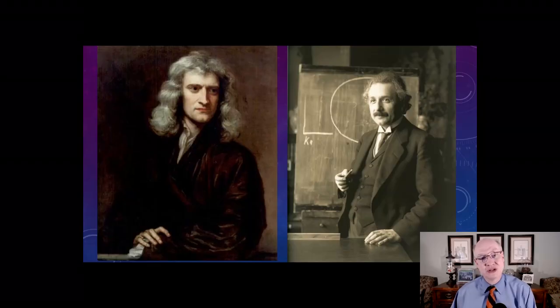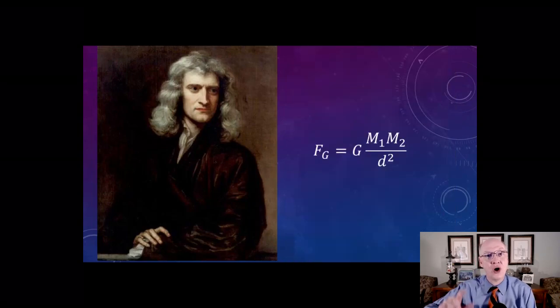So for example, in astronomy, the general theory of relativity has to be used around massive, compact objects like black holes or neutron stars. If you're trying to make the most precise calculations of something, you might need to use general relativity. But for spaceflight, we can get along just fine with Newton's law of gravity.